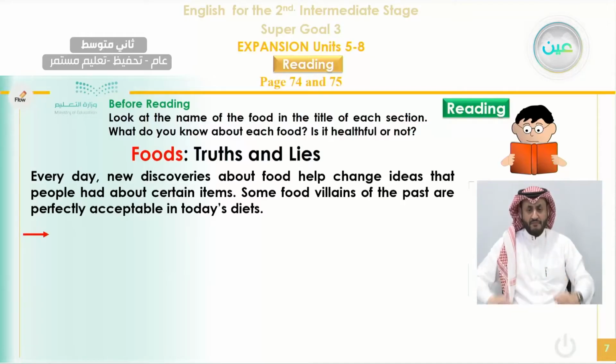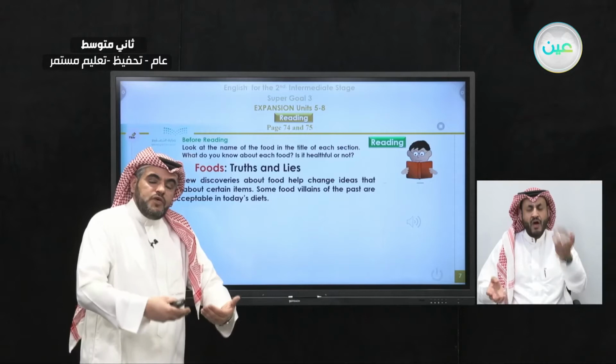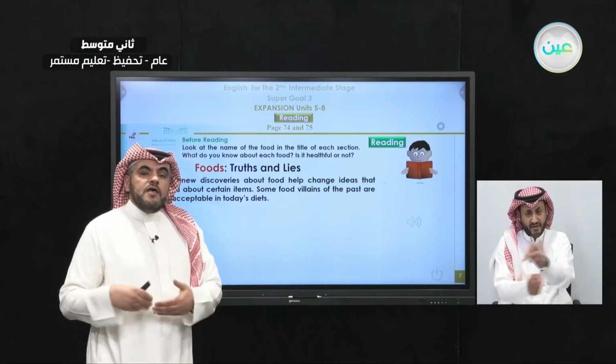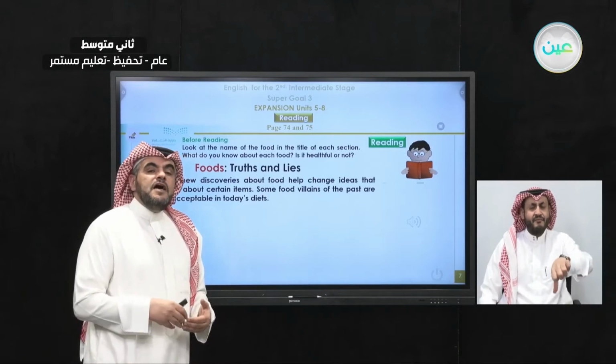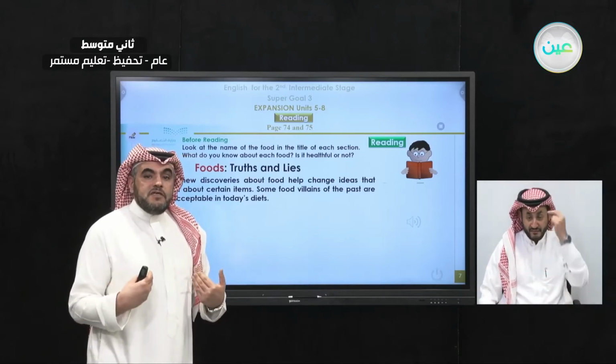So what are these? This is what we're going to learn in the coming slides. Some food villains of the past are perfectly acceptable in today's diets. In our diets, in the meals that we eat, before, people thought that some kinds of food are villains. That means bad for our bodies when we eat them.